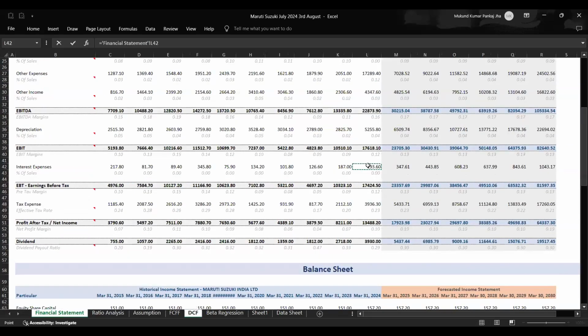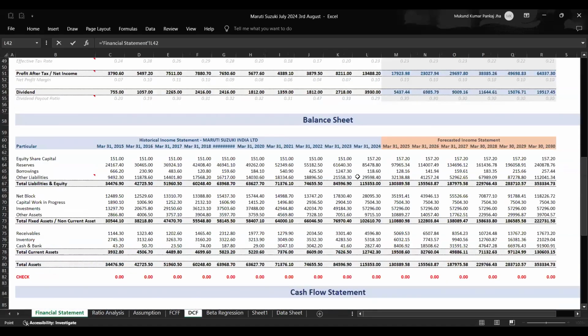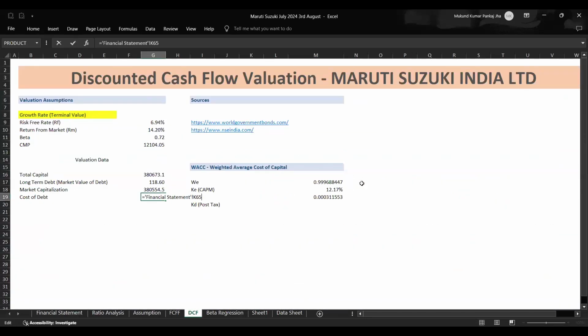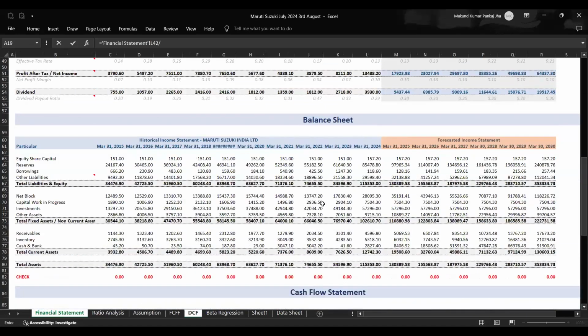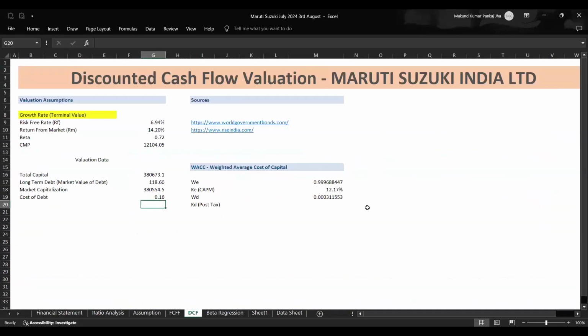The interest expense for this year will be based on the borrowings for last year. All the borrowings the company made till last year will be the basis for the interest expense this year. So interest expense divided by borrowings, that is 16%, becomes the cost of debt.